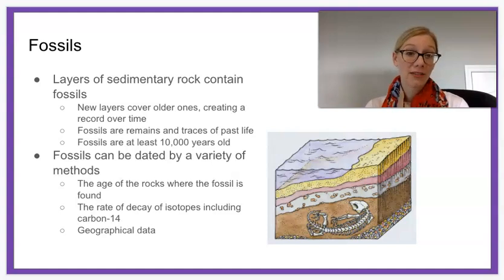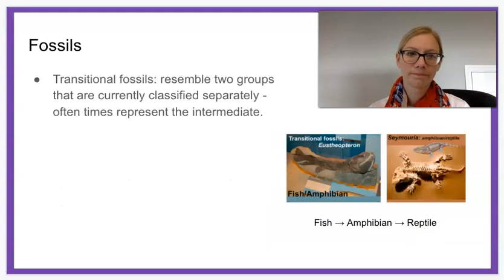For isotope decay, carbon-14 in particular, we know how long it takes to go through a half-life to half as much, and we can look at how much carbon-14 is in something to give it a date. And then geographical data, just how do we place where this was, and when it was in time, and use that to give us information about the fossils.